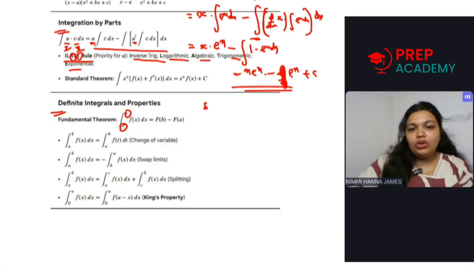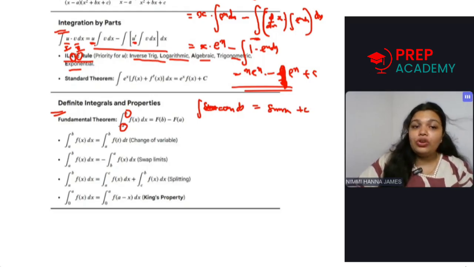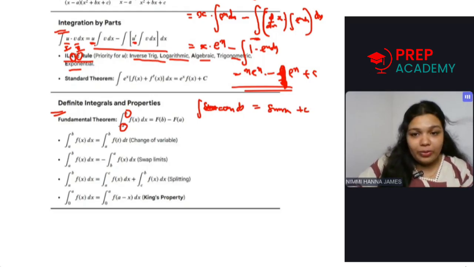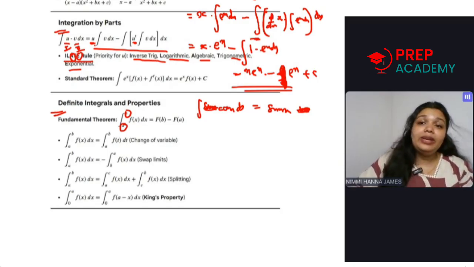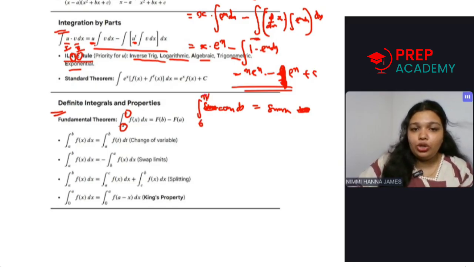We know the integral of cos x dx is sin x plus c, correct? For a definite integral there won't be this plus c. It is definite, we don't want any confusion, but there will be limits, say we are integrating from 0 to pi by 2.